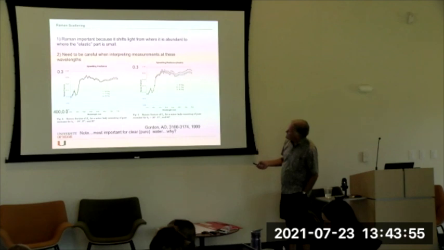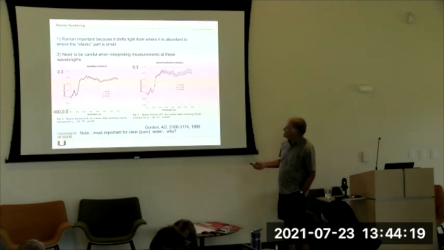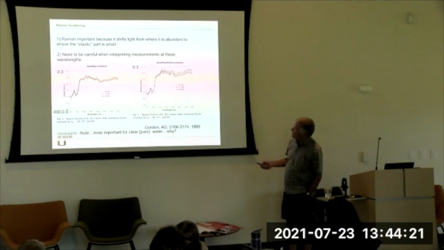This is a curve from 400 nanometers, I made a figure so you can see 400 to 750. It's the fraction of Raman light in the upwelling irradiance. And you can see that it's not as big a fraction at 400 nanometers, it's 0.1. I don't have these things big enough, sorry, for your graphs, but I copied it from this article and Howard Gordon didn't make the legend real big.